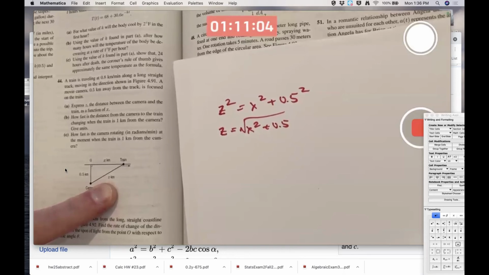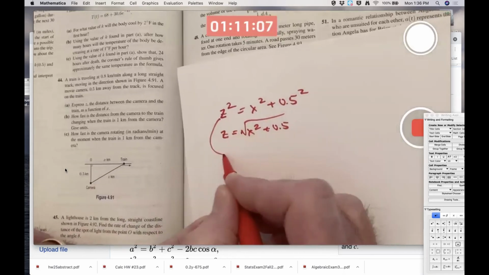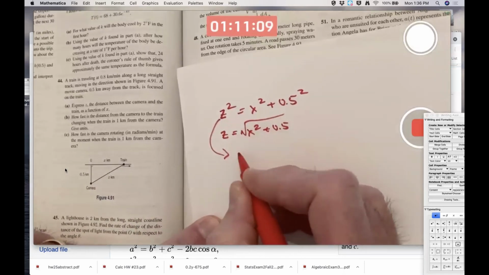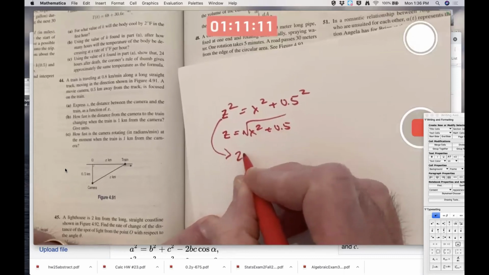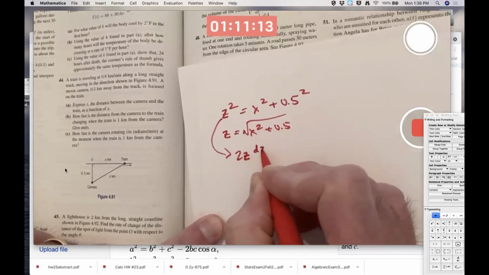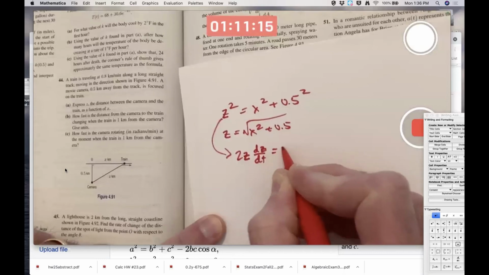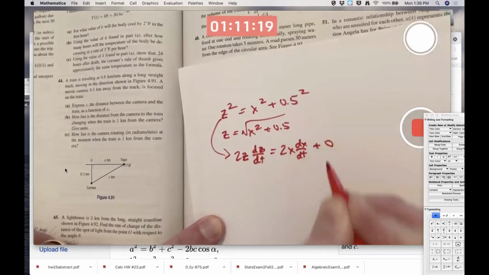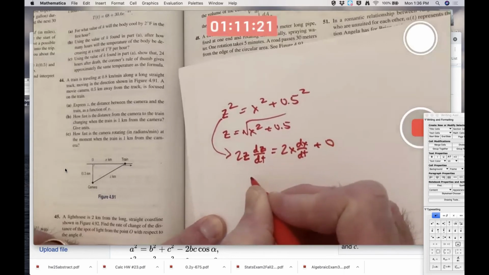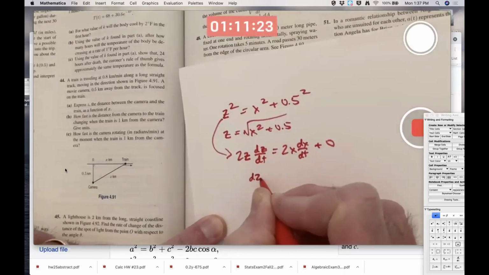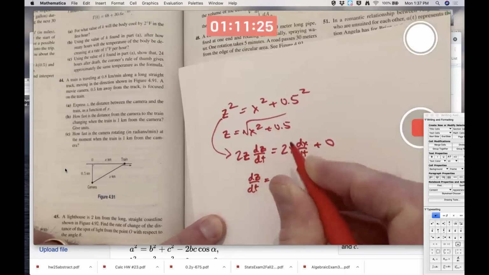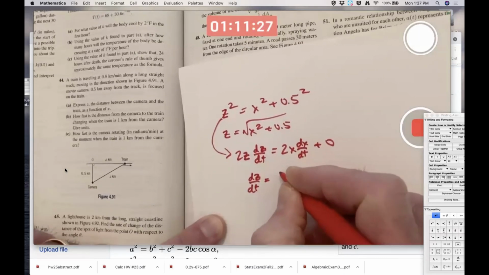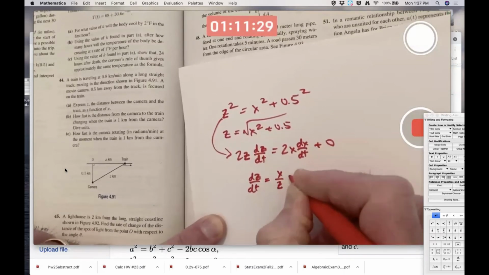As far as dz dt, actually we can avoid the square root. We can just differentiate both sides of this equation with respect to t and get 2z dz dt equals 2x dx dt plus 0. We can solve that equation for dz dt. Divide both sides by 2z, it would be x over z times dx dt.